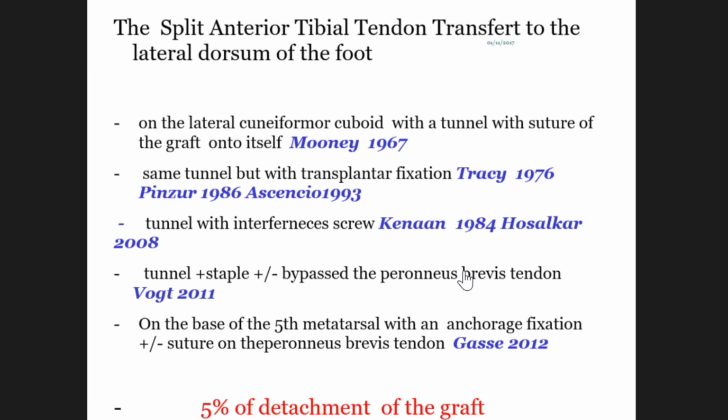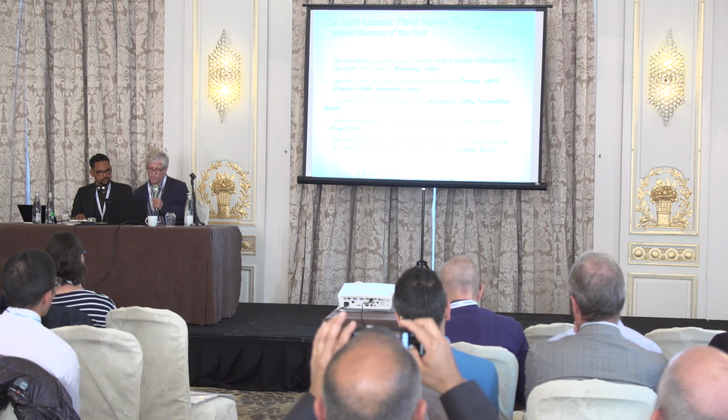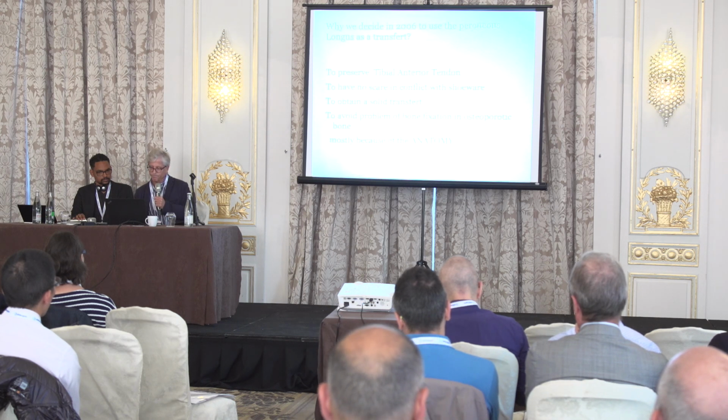And the last one, in Besançon, is a suture to the peroneus brevis tendon. So this is a difficulty of this technique, but the author observed only 5% of detachment of the graft.